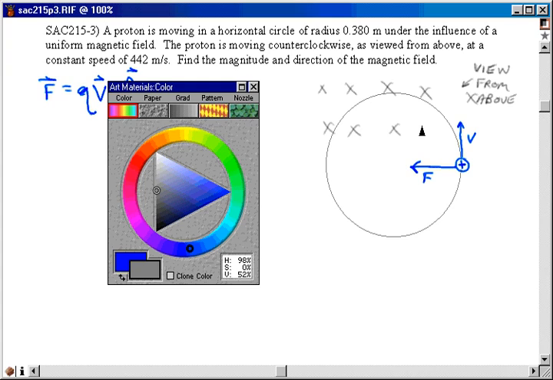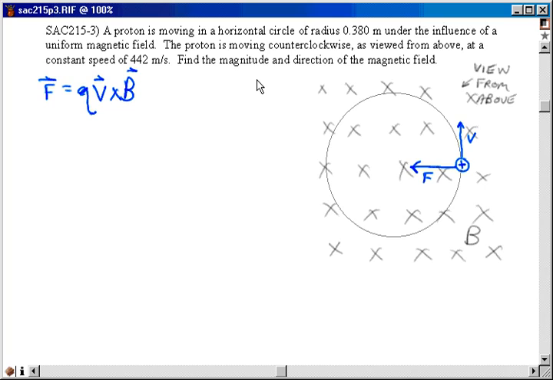So I'll go ahead and draw the magnetic field in there. Downward is represented by the end of the page here. There's my magnetic field. Let me do a quick test on that.